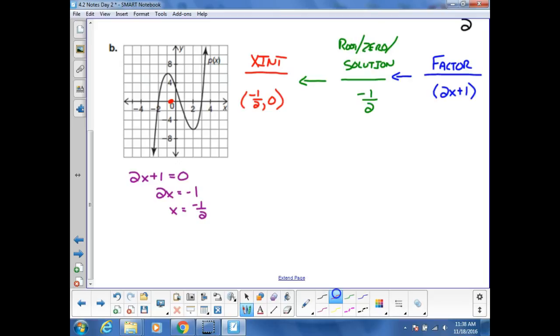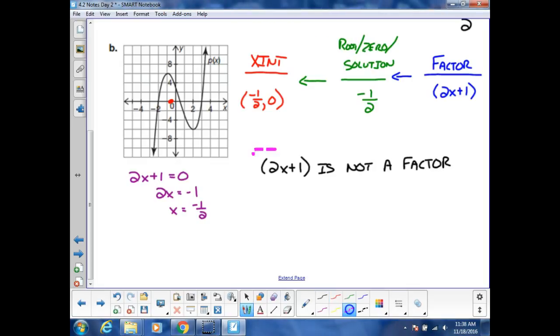No. So 2x plus 1 is not a factor, because if it was, it would have to go through the point negative 1/2, comma 0. It does not. Okay?